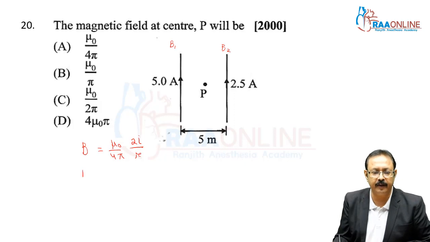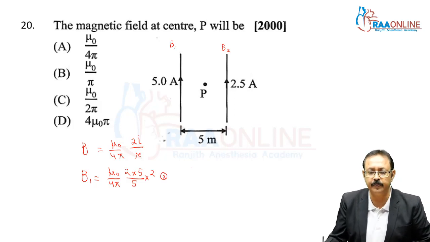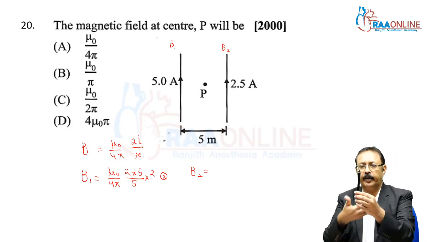So what is B1? Mu naught upon 4 pi, 2 I, R is 5 by 2. Inward, so I am putting cross. What is B2? Again I am putting thumb.